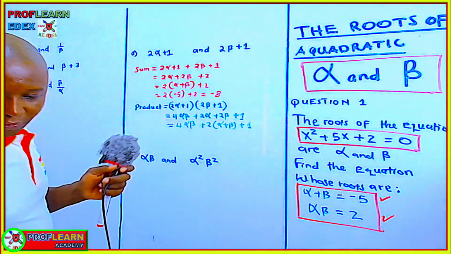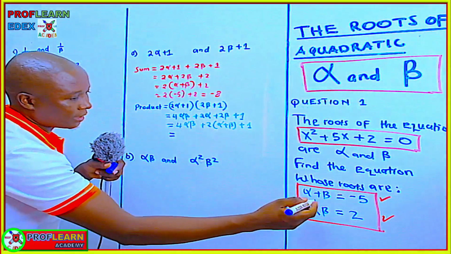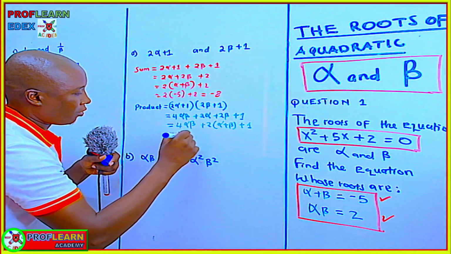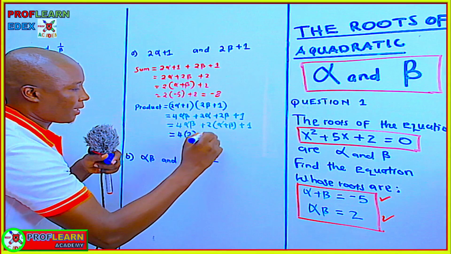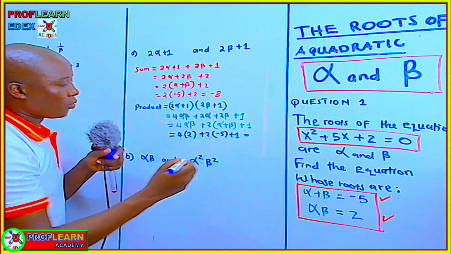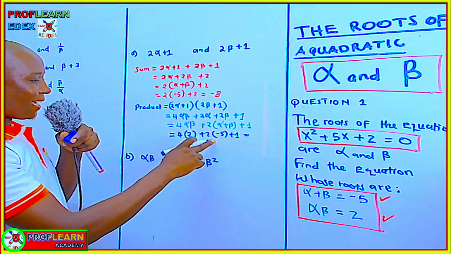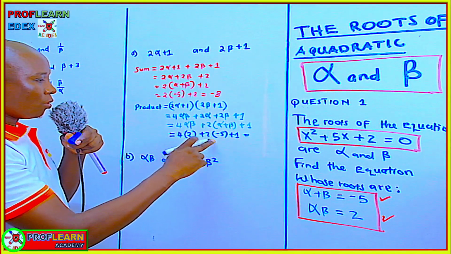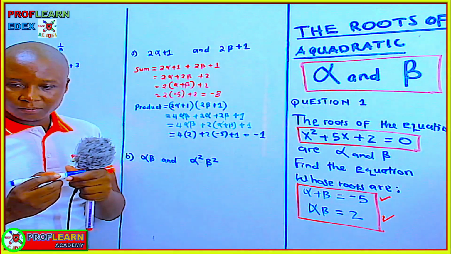So finally, substituting the exact values, this is going to be 4 into 2, because alpha beta is 2, then plus 2 into negative 5, then plus 1. If we work this out, it is going to be 8 plus negative 10, which is negative 2, and then the final answer is going to be negative 1.